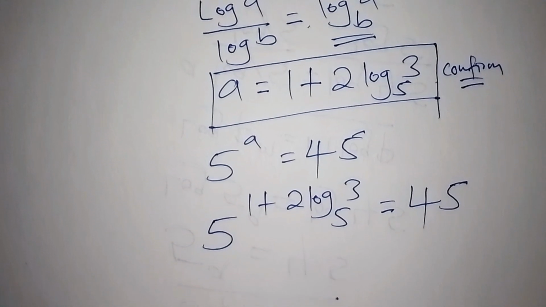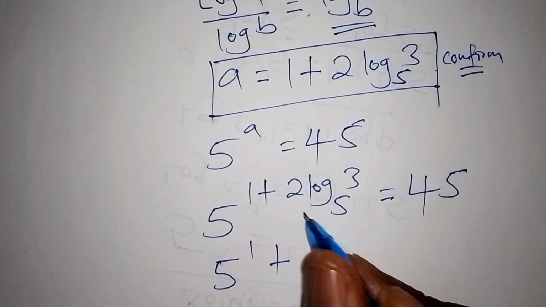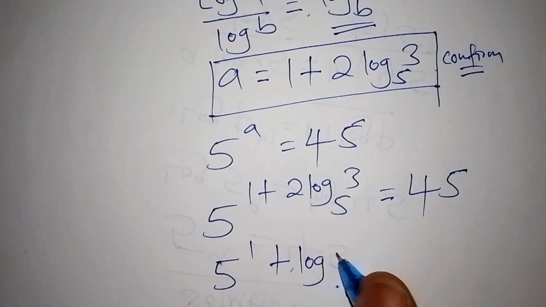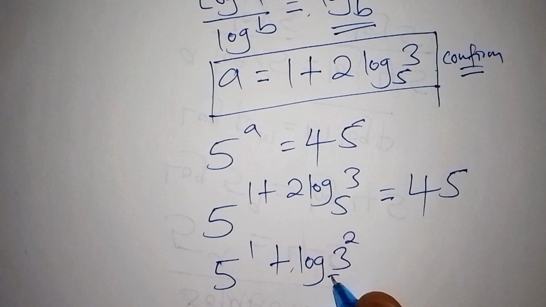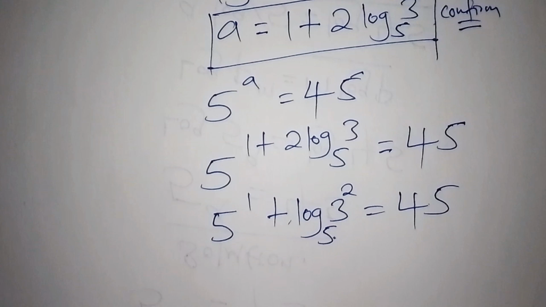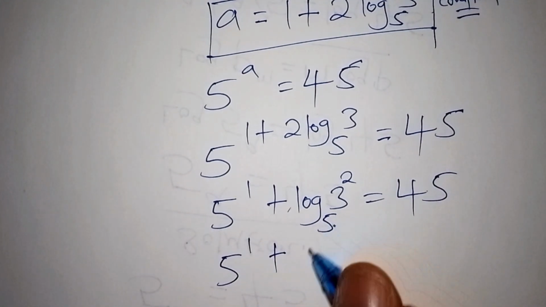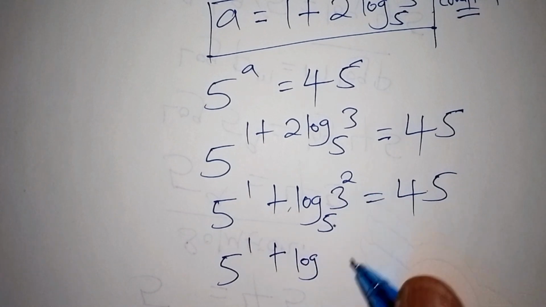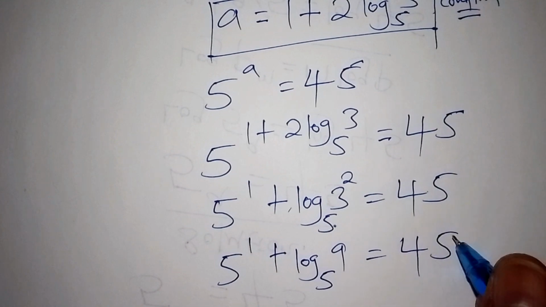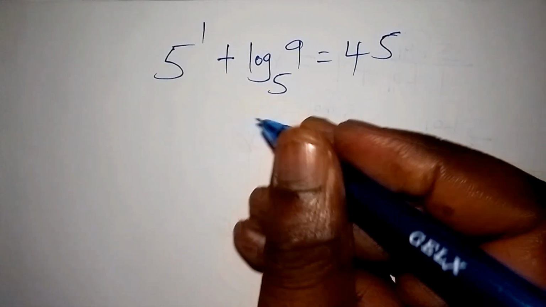This 2 log 3 to the base of 5 can also be written as the log of 3 to the power of 2 base 5. So we have 5 to the power of 1 plus the log of 9 base 5 is equal to 45.